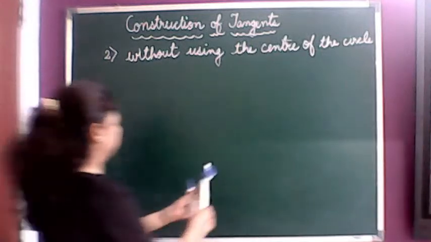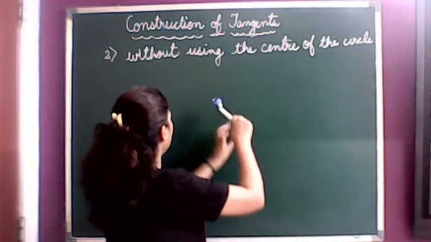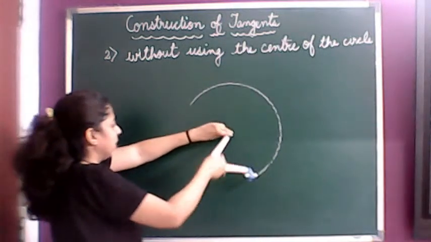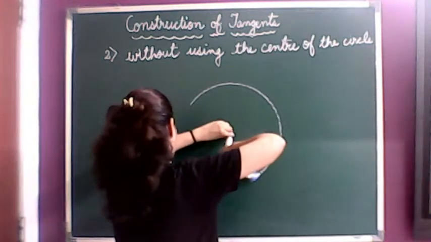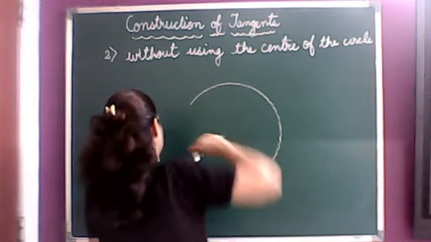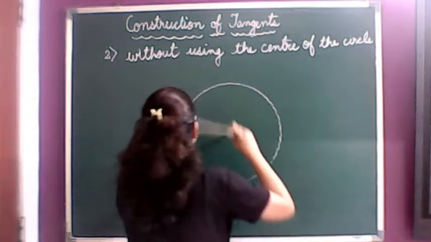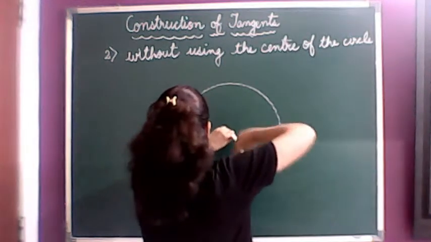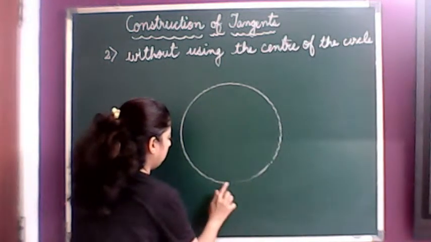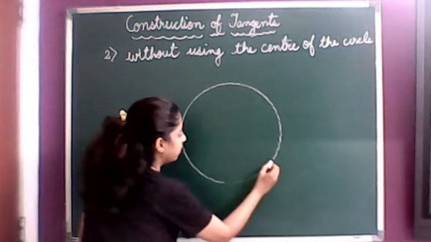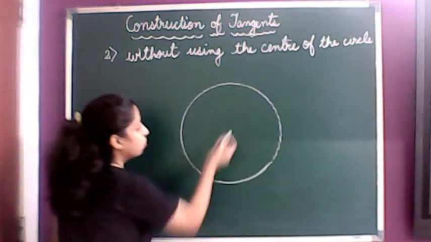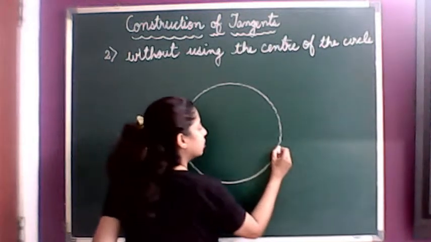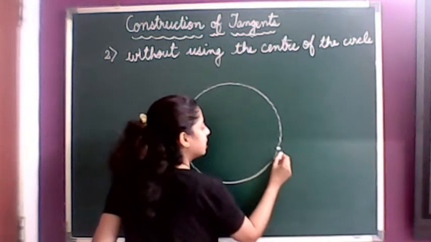So first let me draw a circle. If this is the circle whose center is not known to us, now I wish to draw a tangent here at this point C.